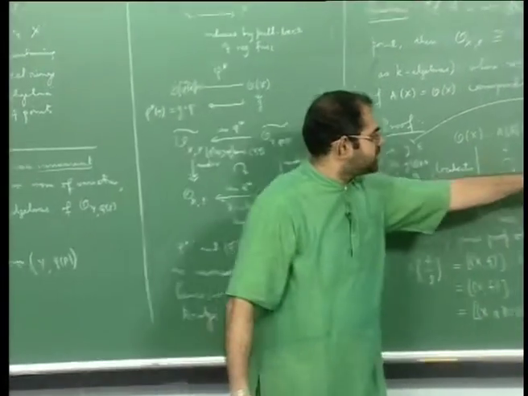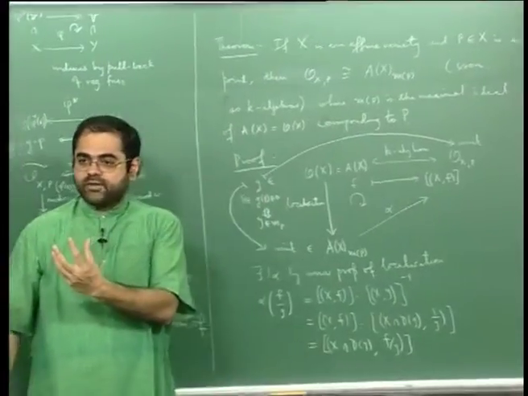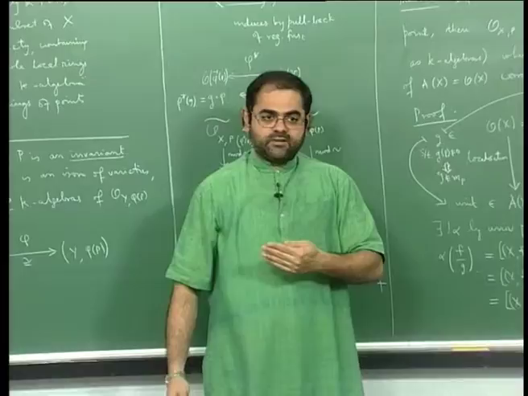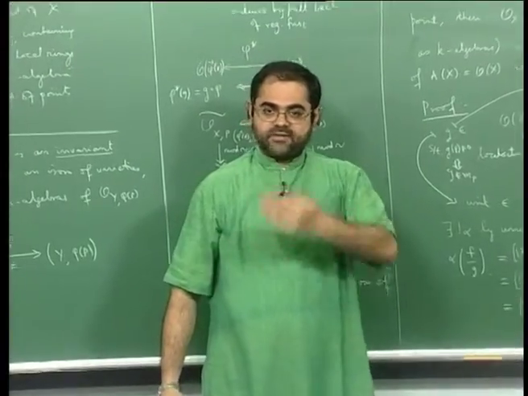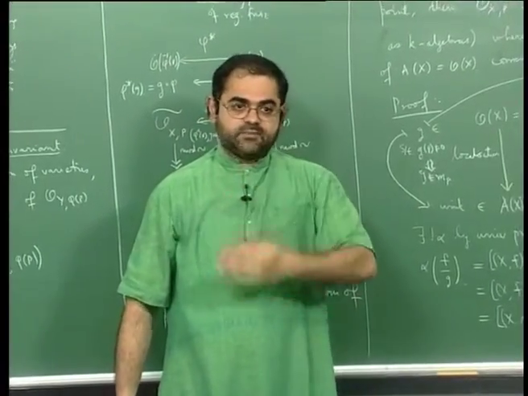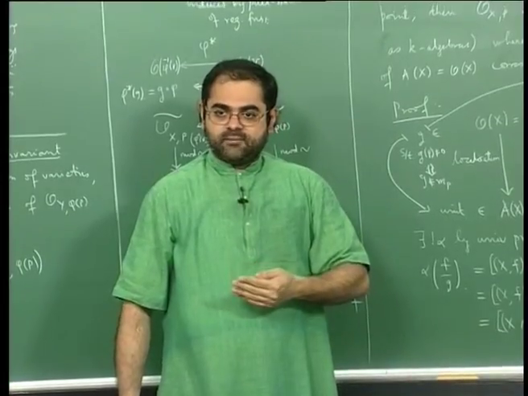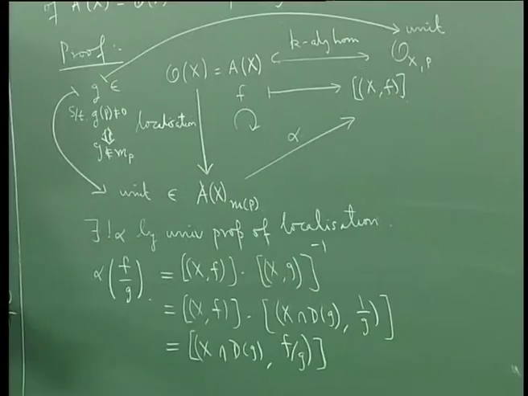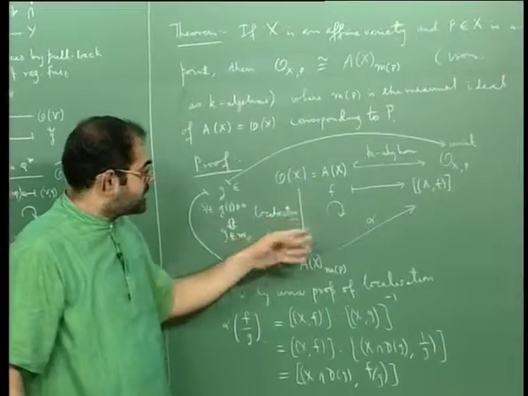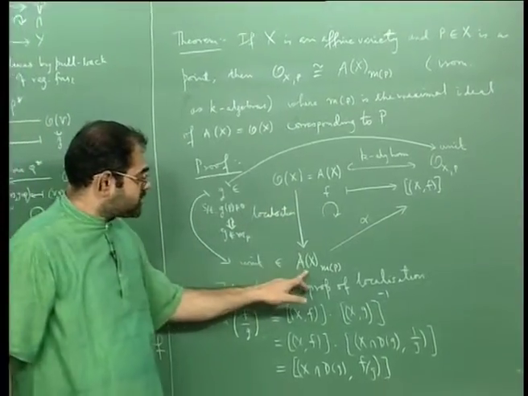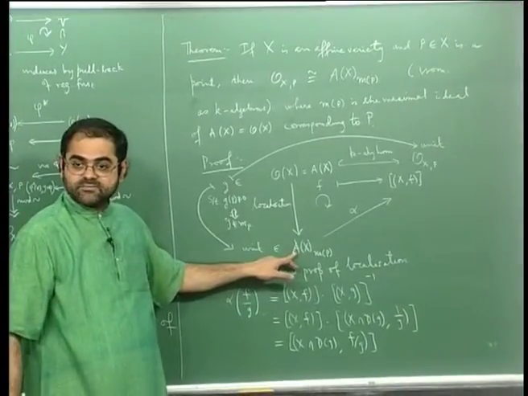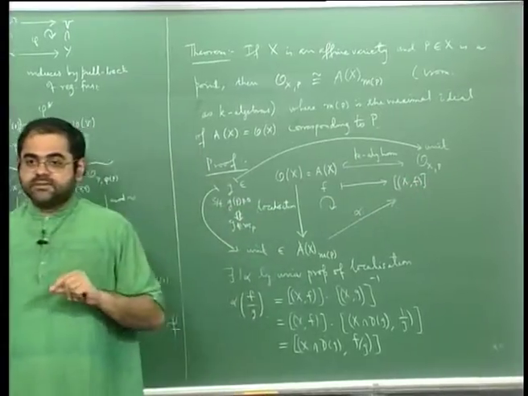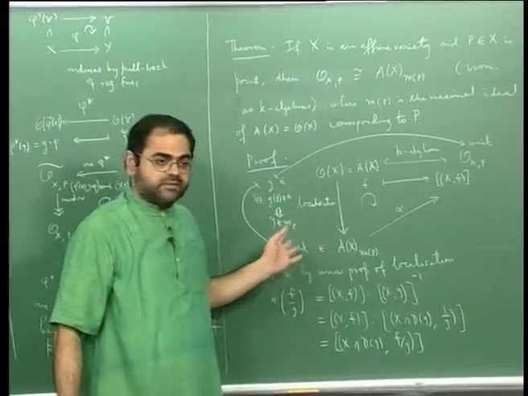So in a neighbourhood of that point it is going to look like f by g, where f and g are polynomial functions on the affine space in which X is embedded. That f by g will also be here as an element, and alpha will carry it onto your germ. So it's injective, it's surjective, so it's an isomorphism.